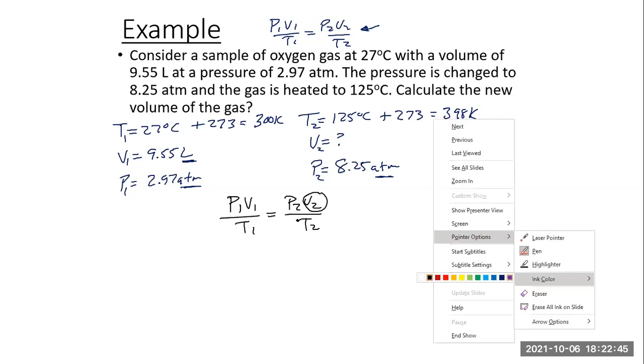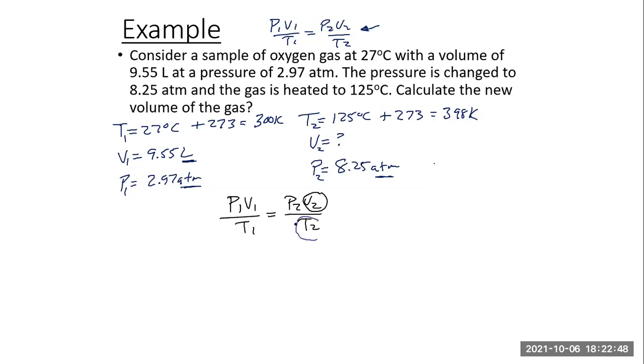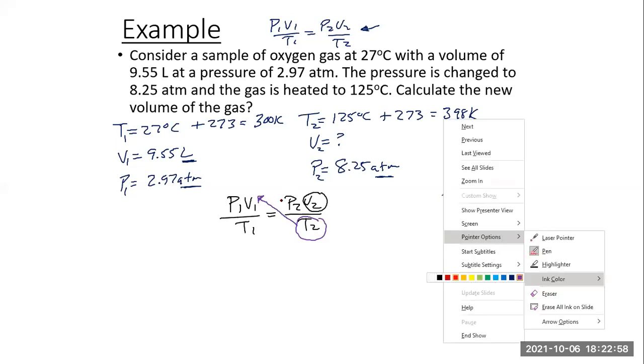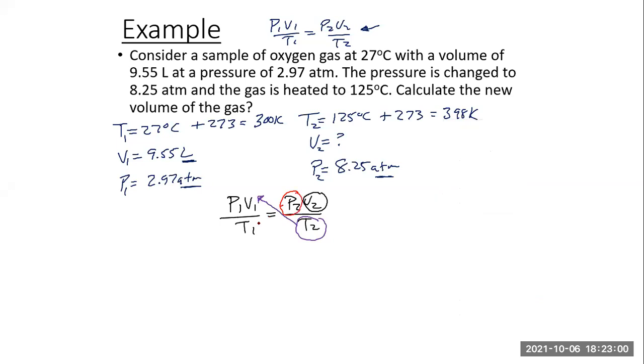Take your T2, and since it's on the bottom, it will end up on the top on that side. And P2 on the right is on the top, so it will end up on the bottom over here.